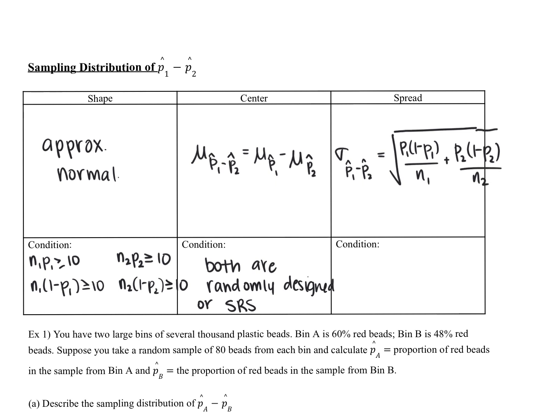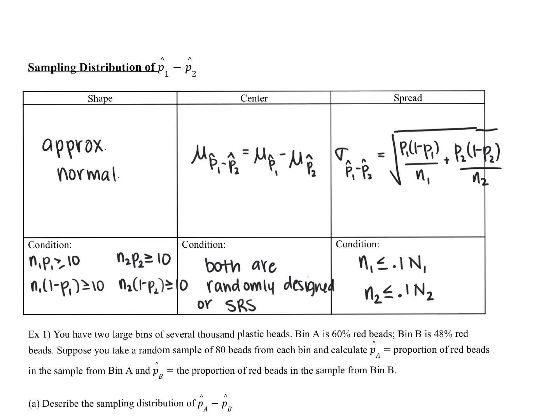Basically, we take the standard deviation formula for one proportion and combine it, and we have to do it for each. And then for our condition, we still have to make sure the 10% condition is met for both samples. N1 has to be less than or equal to 10% of its population, and N2 has to be less than or equal to 10% of its population.